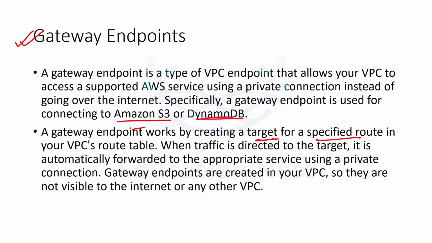We specify the route in the VPC route table, and when traffic is generated for S3 or DynamoDB, it uses the appropriate route table entry and is routed to S3 or DynamoDB through the private connection. Because gateway endpoints are created inside your VPC, they are not visible to the internet or any other VPC. So that is our gateway endpoint. Now let me take you to the whiteboard and show you how it would actually look.